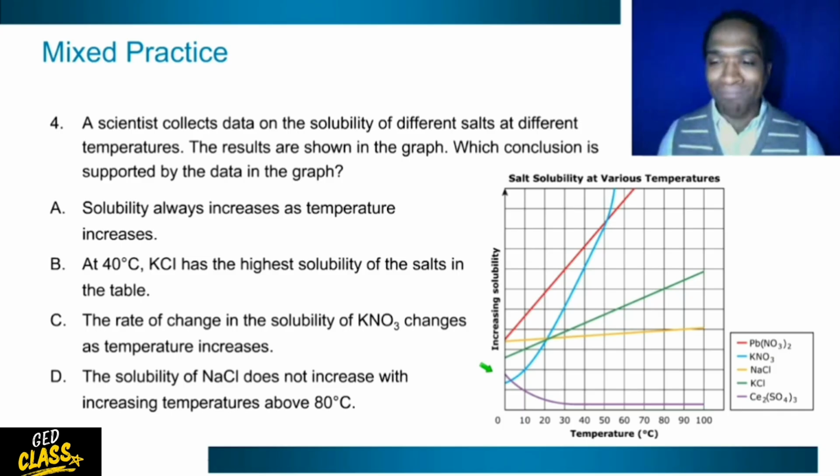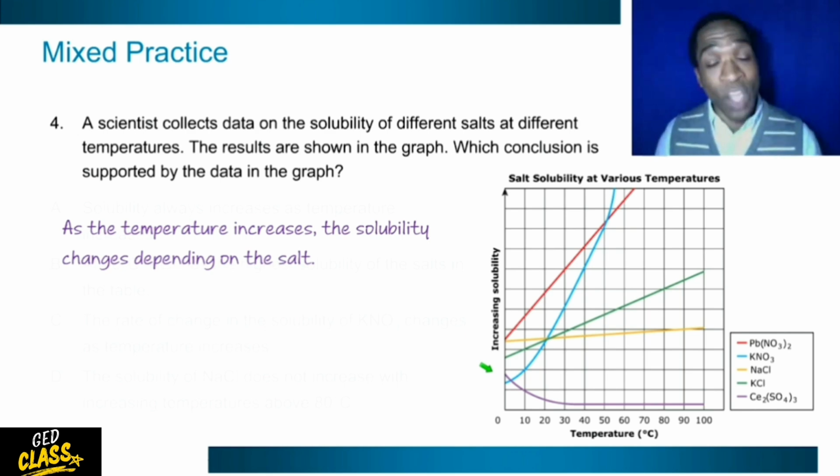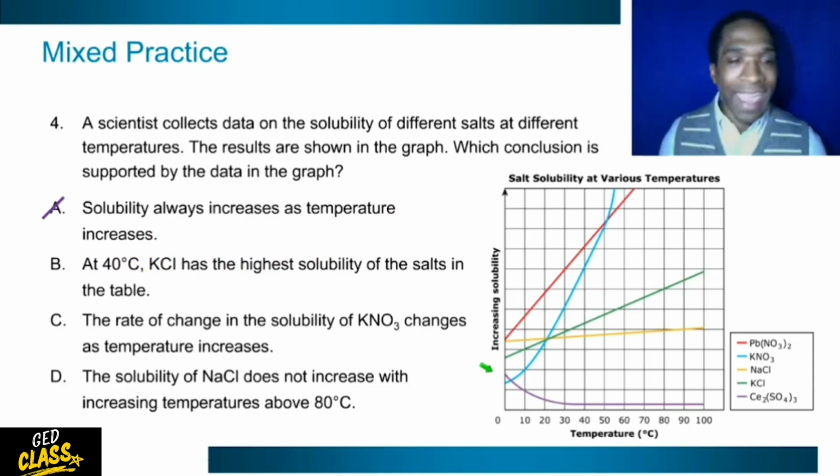We can tell that's not really the case for choice A. So in this case, as the temperature increases, the solubility changes depending on the salt. Maybe it goes up, maybe it goes down, maybe it goes up in a continual way, maybe it doesn't. So again, as a result, A cannot be correct.